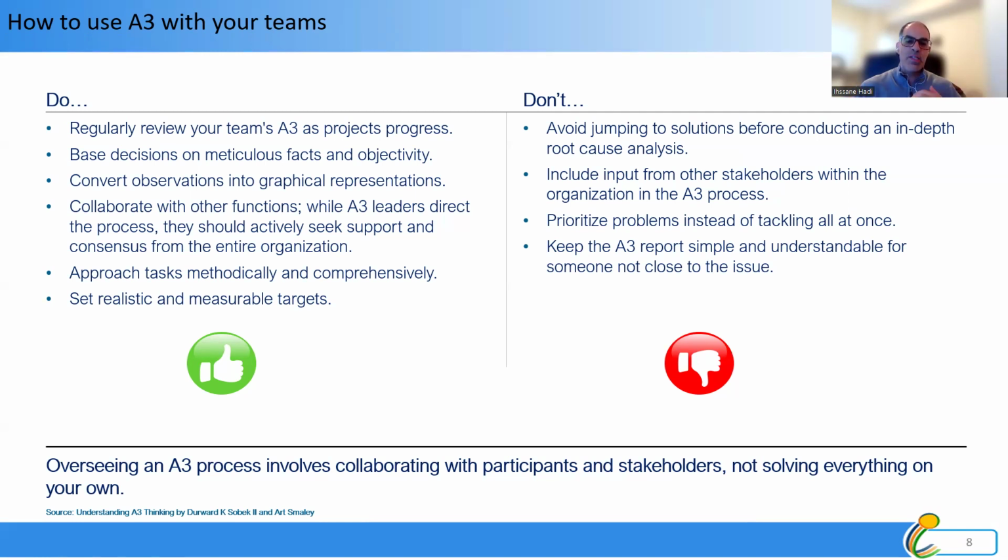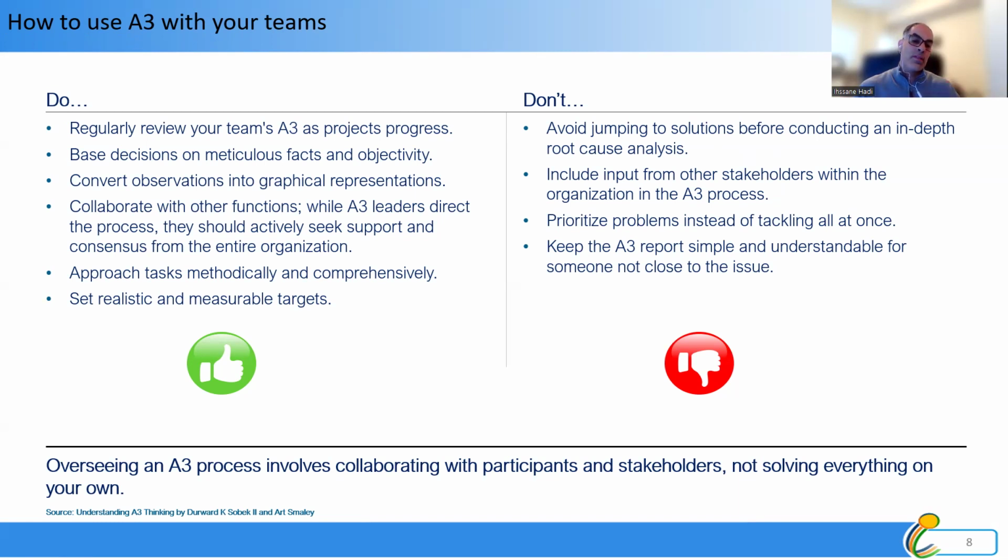Make data-driven decision and remain objective to avoid biases that could skew the problem-solving process. The third one, convert observation into graphical representation. So use graphics, chart, and other visual aid to present data and observation clearly and effectively.